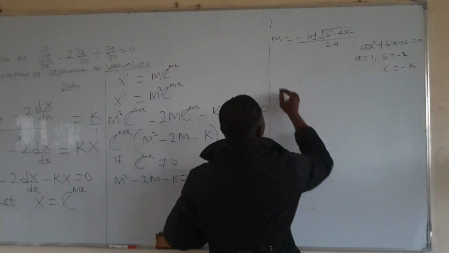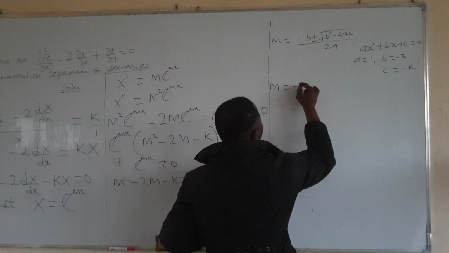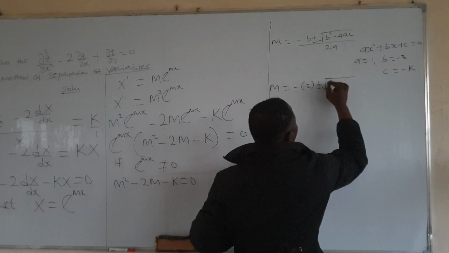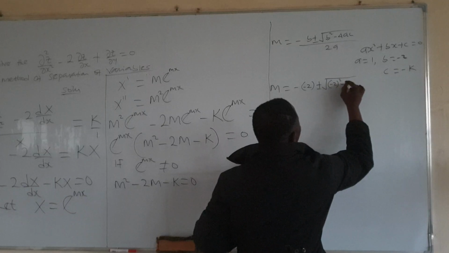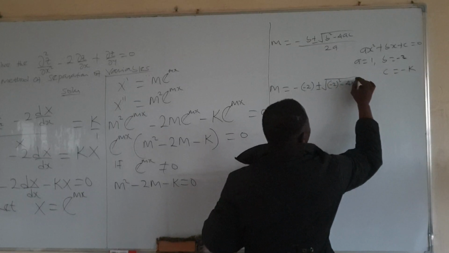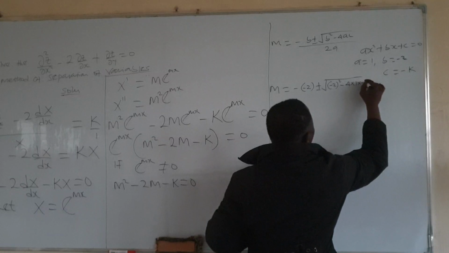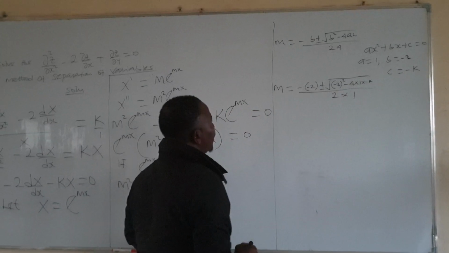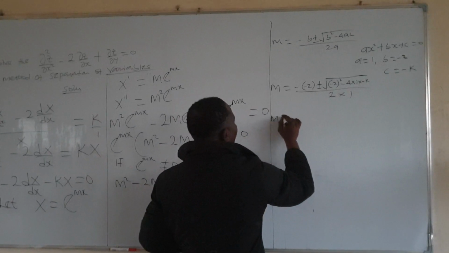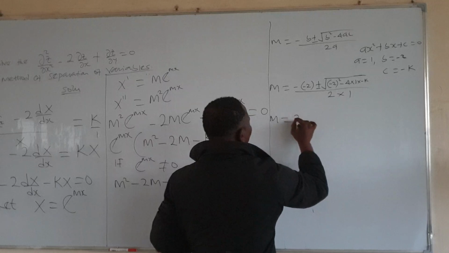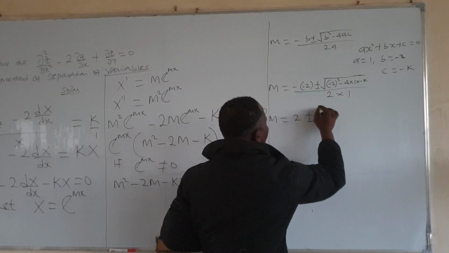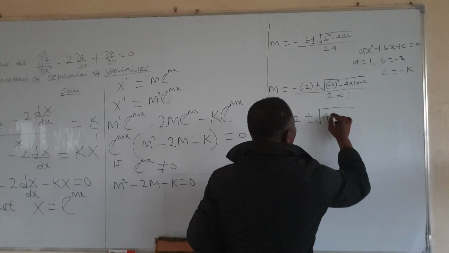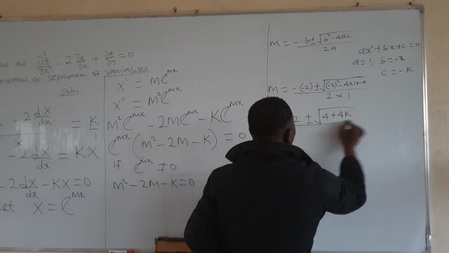Is that clear? So our m is equals to minus all in bracket minus 2 plus or minus square root of all in bracket minus 2 squared minus 4 times a times minus k all over 2 times 1. Is that clear? So our m is equals to minus times minus 2 plus or minus square root of, here will give us plus 4, and here will give us plus 4k, all over 2.